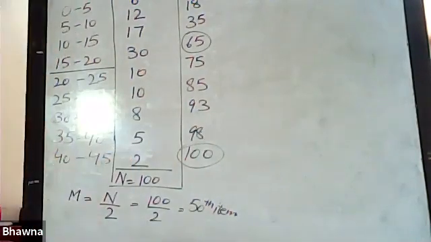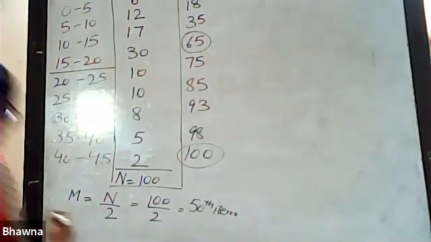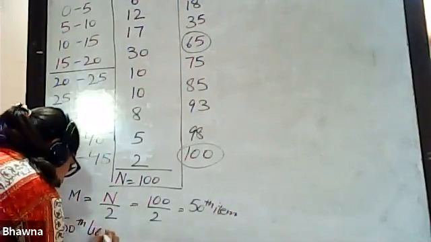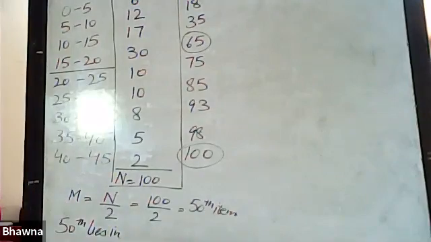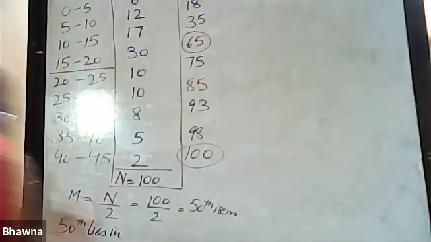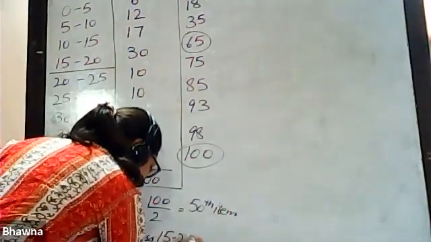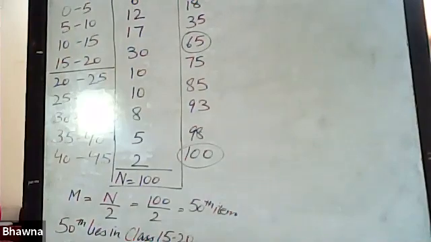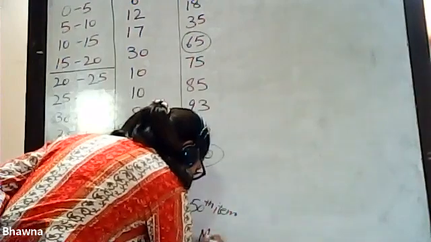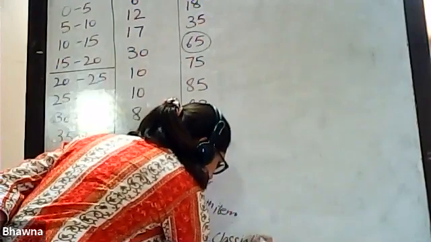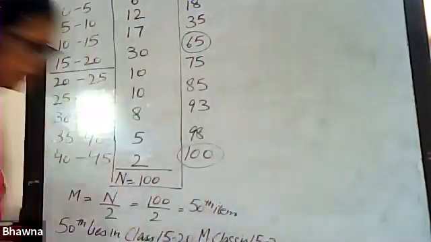So now we can write here: the 50th item lies in class 15 to 20, hence the median class is 15 to 20.